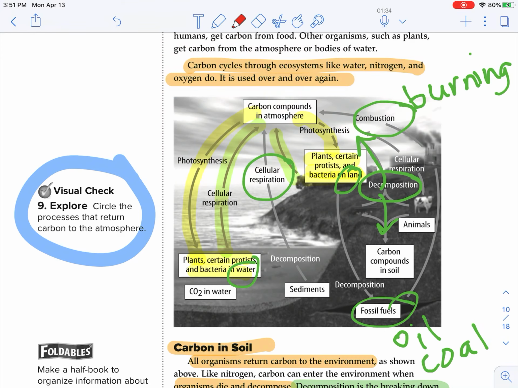Alrighty, so we have these carbon-based organisms, whether it be a plant or an animal, and the carbon is being returned, broken down by bacteria and going into the soil through decomposition.